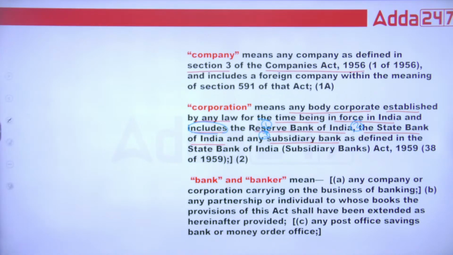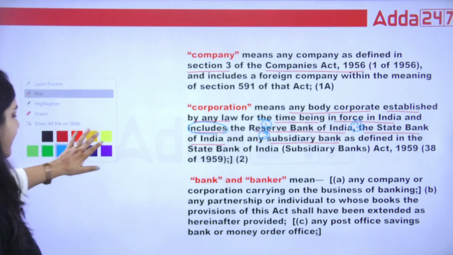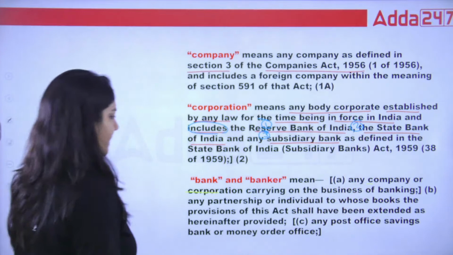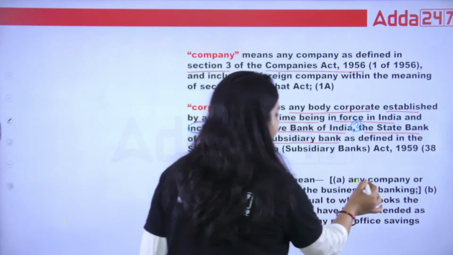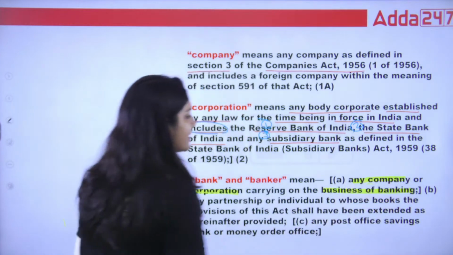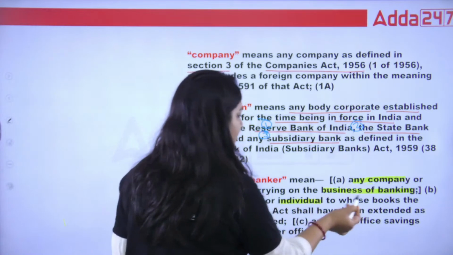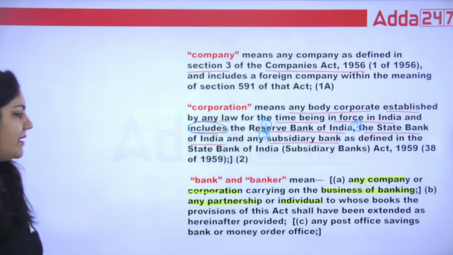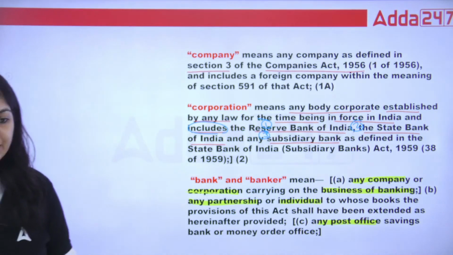Is that okay? Done? Now, what is bank and what is banker? Any company or corporation carrying on the business of banking, any partnership or individual to whose books the provisions of this Act shall have been extended, or any post office savings bank, that is called bank and banker.